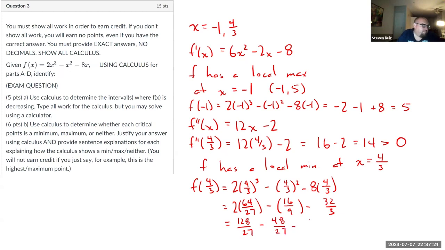What's that? 30 times 9 is 270. 288 over 27. I did all that in my head, and then we're going to go to the calculator now. So 128 minus 48 minus 288 equals negative 208 over 27. So local max at -1, 5, local min at 4/3, negative 208 over 27.